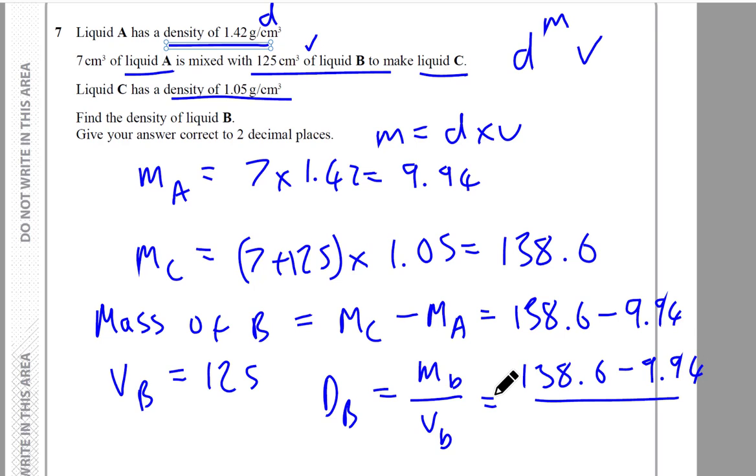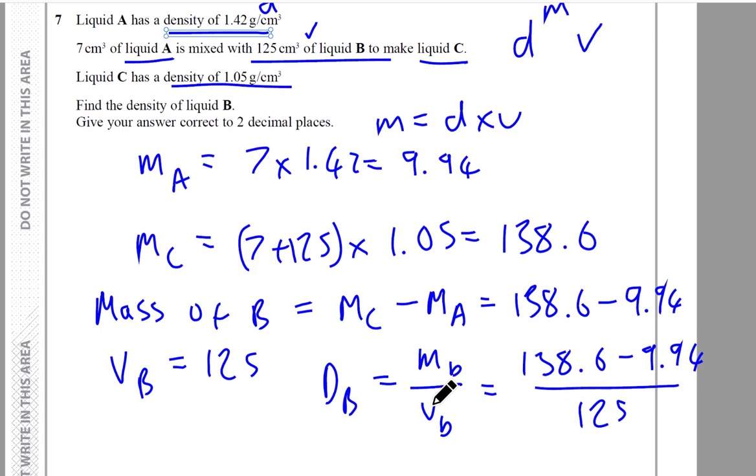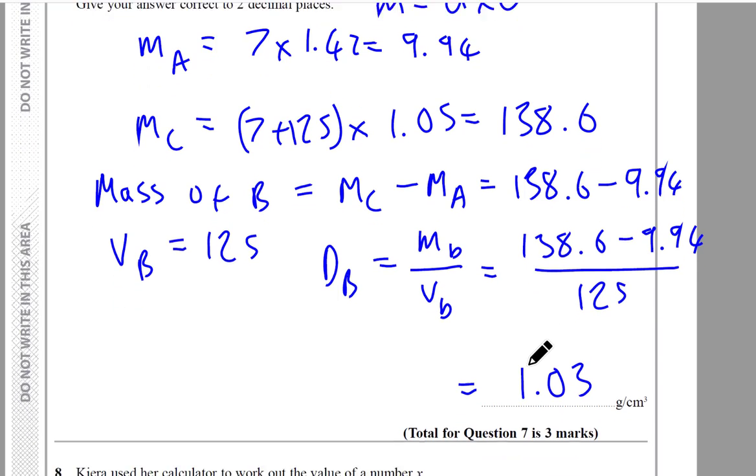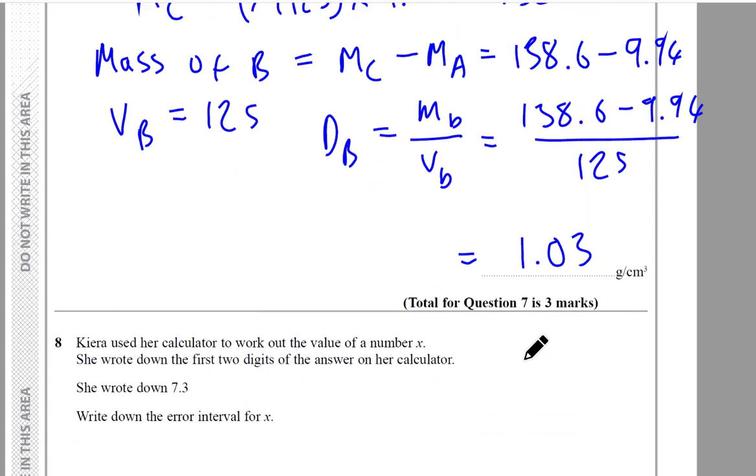Divided by the volume of B, 125, and to 2 decimal places we will get 1.03, and that's another nice 3 marks. You just need to problem solve with that.